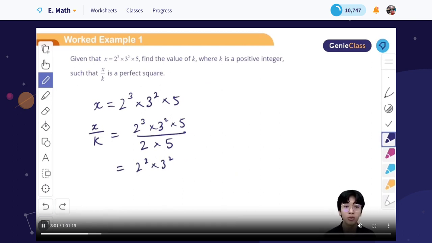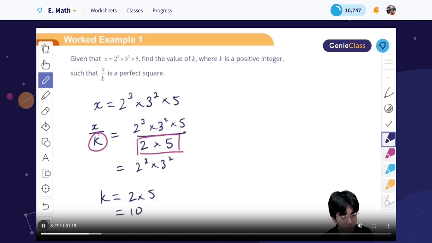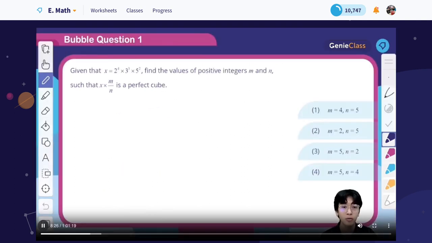So this will be your perfect square. What does that mean? It means that this k is the same as the denominator we just wrote out. Therefore, k equals 2 times 5 equals 10. Simple question. Let's not waste too much time and try out the Bible question.